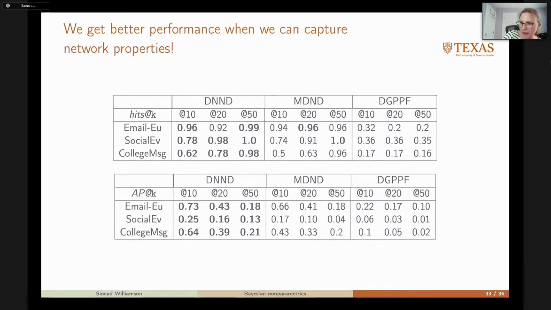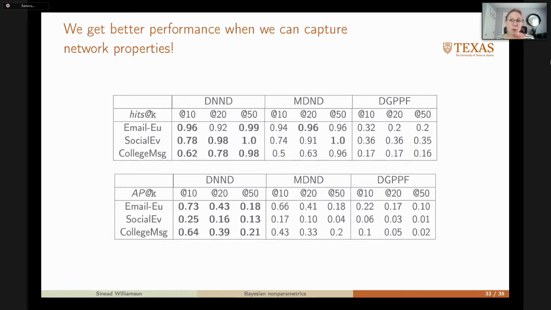And the model on the right here is an example of a model that doesn't have this infinite flavor, where we're not growing over time, we're not allowing ourselves to see new nodes. And that does much poorer.